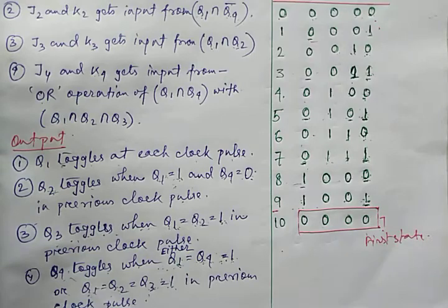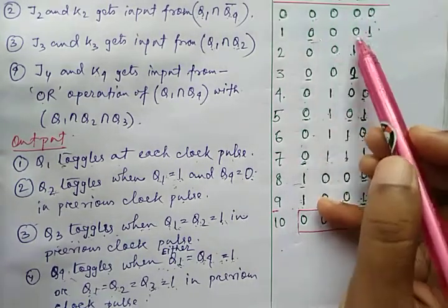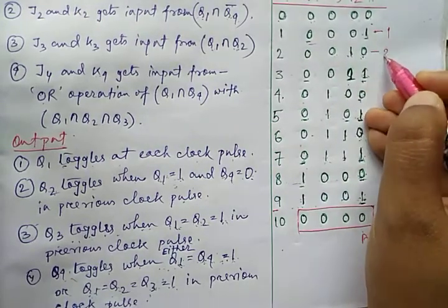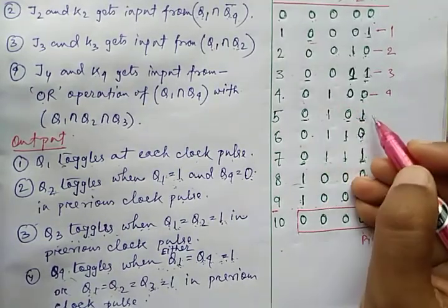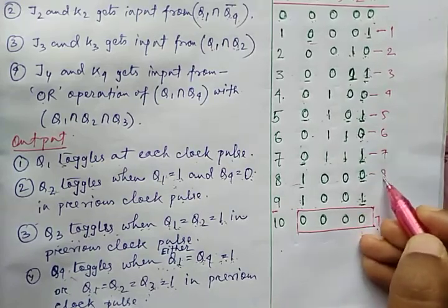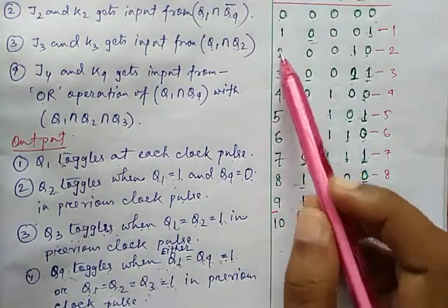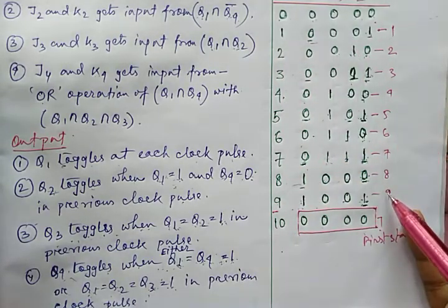You can see that according to the number of clock pulses, the counter generates this binary 1, binary 2, binary 3, binary 4, 5, 6, 7, 8, 9. So according to the clock pulses applied in sequence, we get our binary numbers also in sequence.